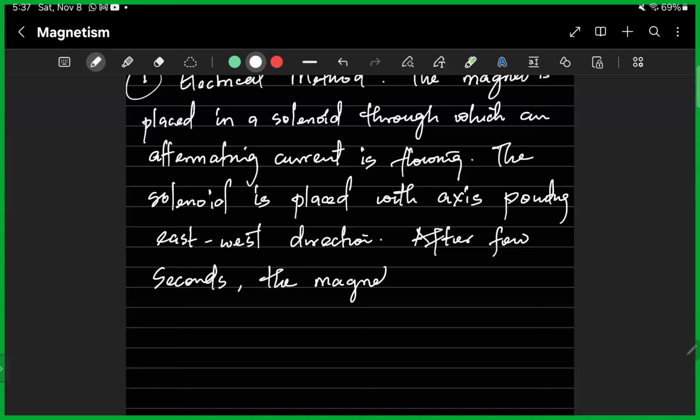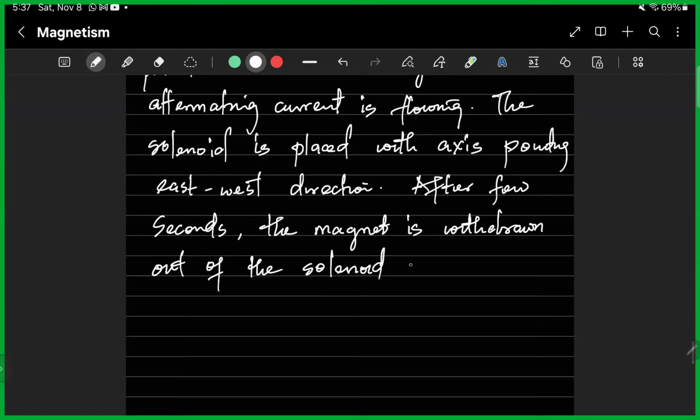The magnet is withdrawn out of the solenoid to a long distance away.